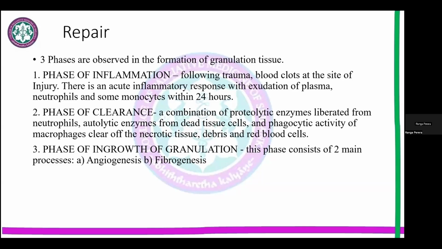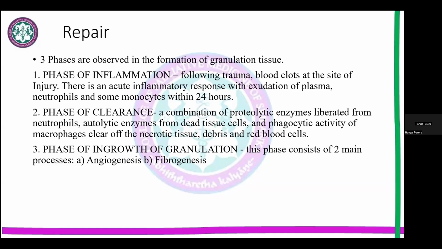Then the next phase is called the phase of clearance. So there will be blood clot and the fibroblasts, all these things will be there. In the second phase, proteolytic enzymes coming from these neutrophils and inflammatory cells will dissolve the dead tissue and dissolve the blood clot in between, and debris is being removed, and there will be a gap of tissue. At the same time, this gap is filled by angiogenesis and fibrogenesis.